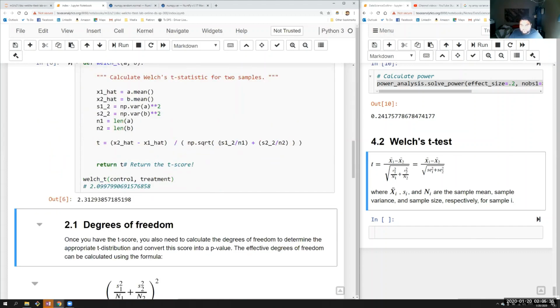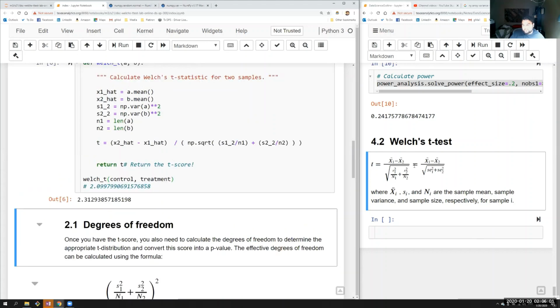X1, did I square root it, divide it by n1 and n2, and I squared up here. Sample variance, sample mean. What am I doing wrong? I don't even know. Should I skip and keep moving? Ugh, for sample i.